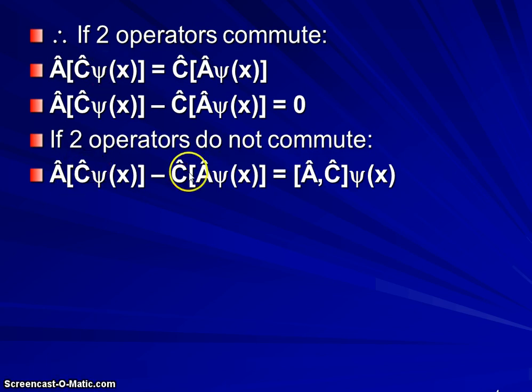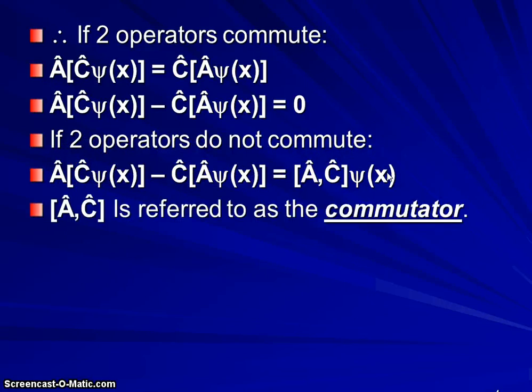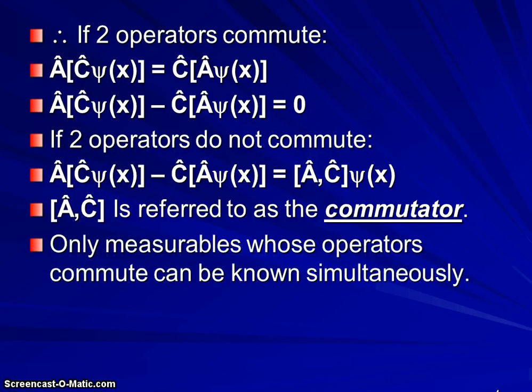So if order matters, there's a difference between measuring one and then the other, and we call that the commutator. It is the difference, times the original wave function, between the result of measuring in opposite order with two operators. Only observables whose operators commute can both be known at the same time.